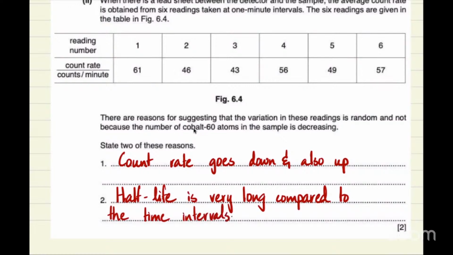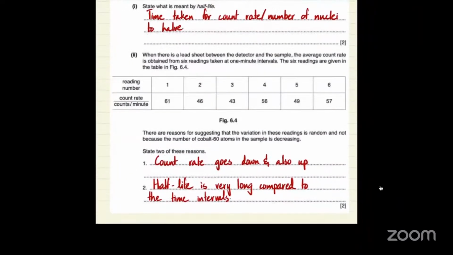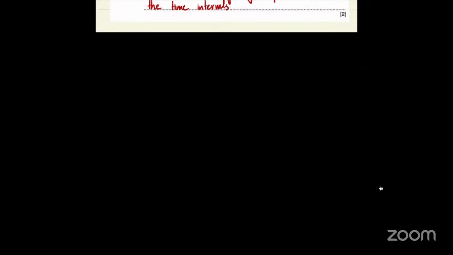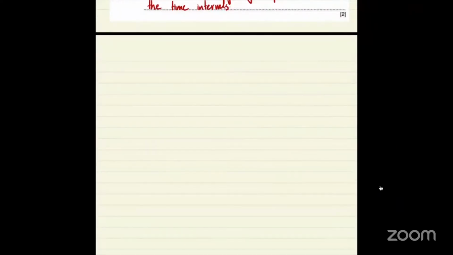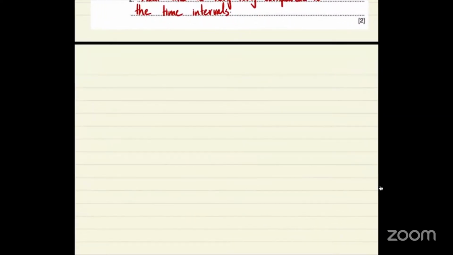Nuclear physics and radioactivity is very much coming. All right, so this is a pretty good question on nuclear physics. Okay, next.